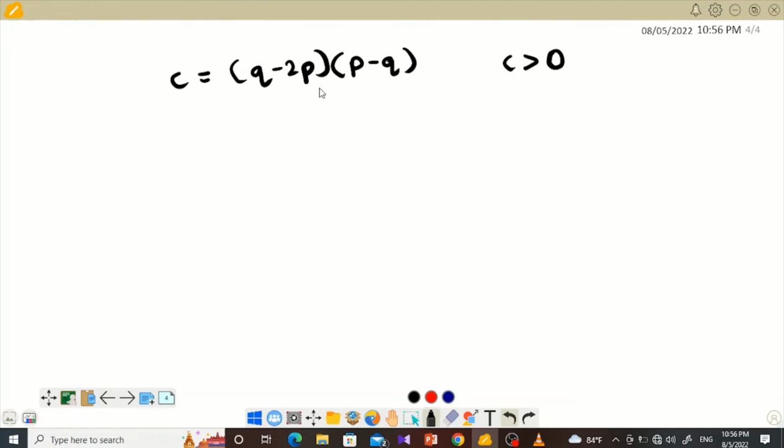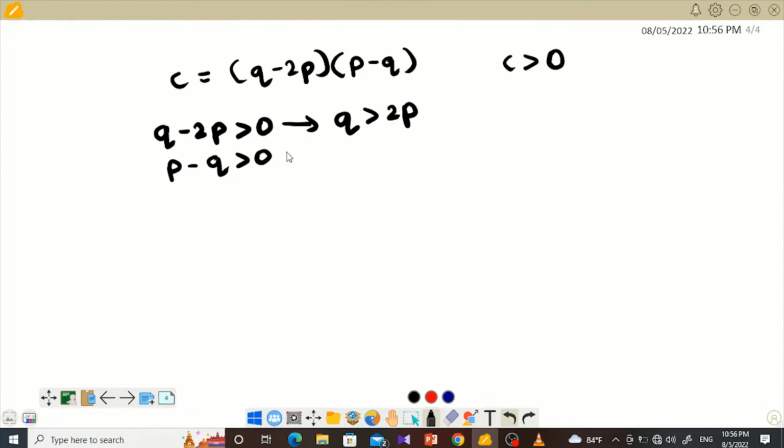First, I am considering these two numbers are positive. Then I can write q minus 2p greater than 0, which implies q is greater than 2p. And the second one is p minus q greater than 0, which implies p is greater than q.